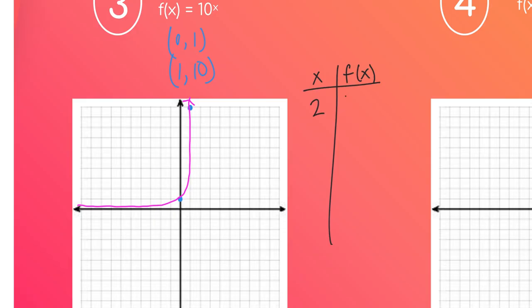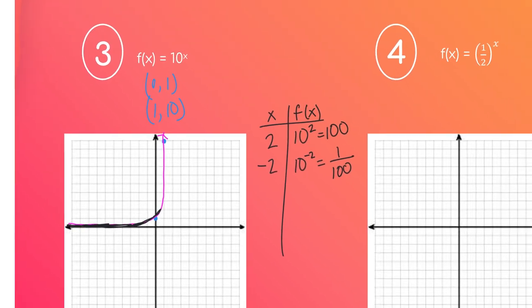If I have 2, I'm going to get 10 to the power of 2. And that's going to give me 100. That's way off my graph. Let's say I had negative 2. Okay, 10 to the power of negative 2. That's going to give me 1 over 100. And again, that's going to be super close to that x-axis. Again, it's not going to cross, but it's going to be very, very close.